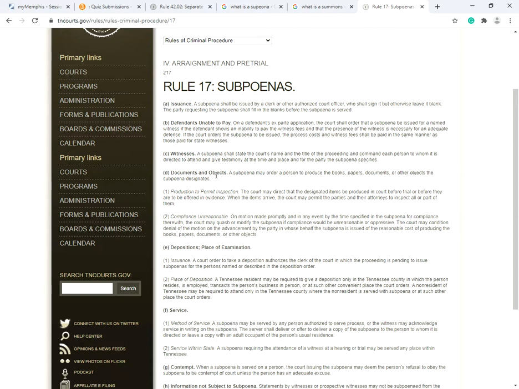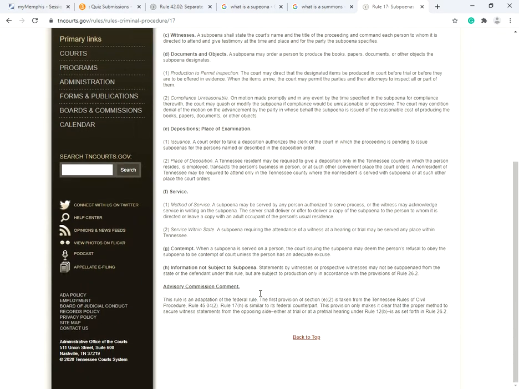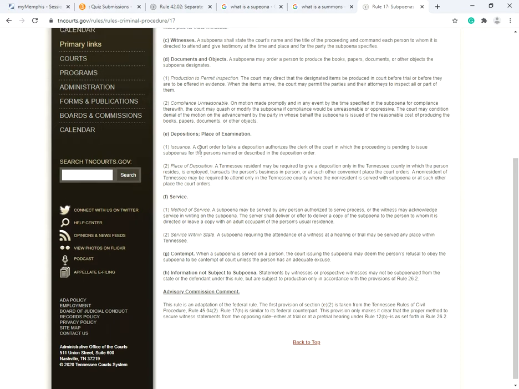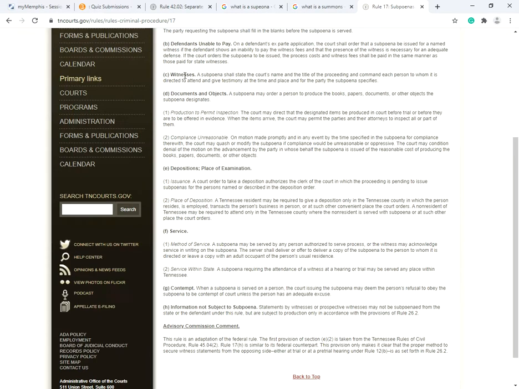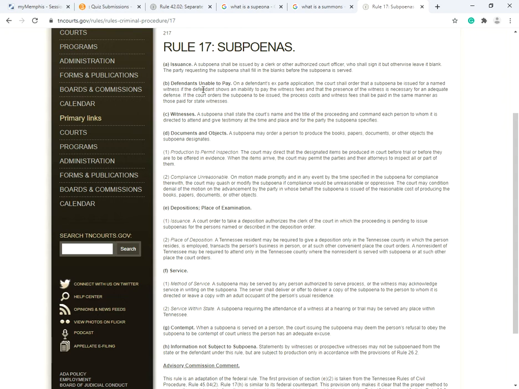It gives a breakdown of what a subpoena is: places of examination, depositions, documents, witnesses, defendants, and issuance. The subpoena shall be issued by a clerk or other authorized court officer, which honestly made me think.